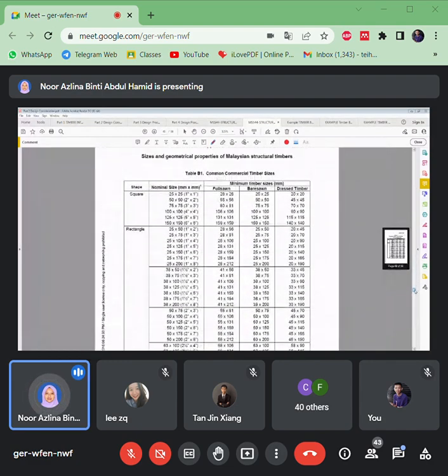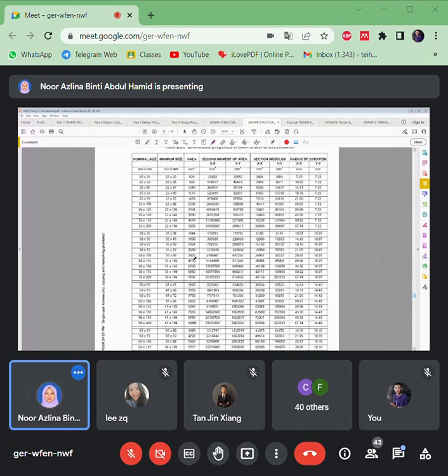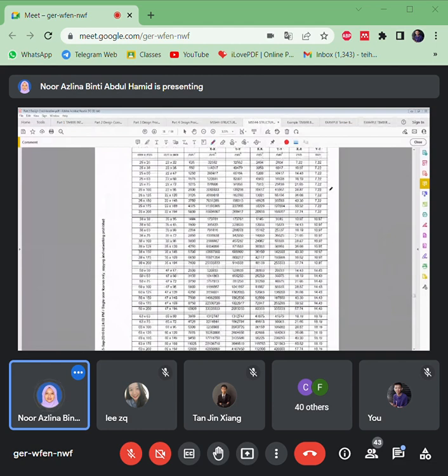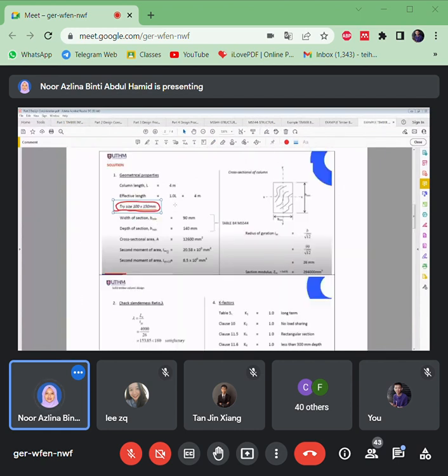So you can see all the sizes here. You can select and try any size. It is in the same part. So these are examples of column sizings.